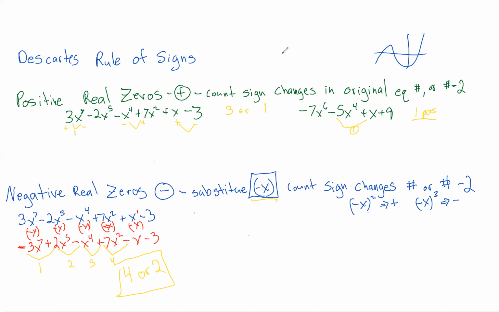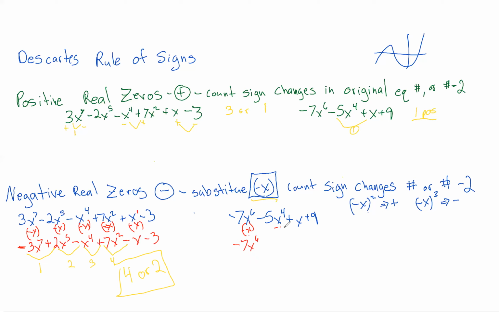So now let's take a look at our second equation. Negative 7x to the 6th minus 5x to the 4th plus x plus 9. And we're going to put in our negative x's here. Now this is negative 7x to the 6th. Because it's x to the 6th, an even power, that's not going to change. So we're left with negative 7x to the 6th.